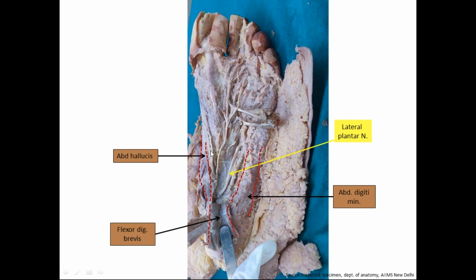But if you look at these branches, this one and this one, they are further divided over there. So one single branch which is coming over there is a proper digital, and this one is further divided into these common digital nerves. So here you can identify these digital branches from the medial plantar nerve, how they are emerging from the common trunk which is present in this region, right?